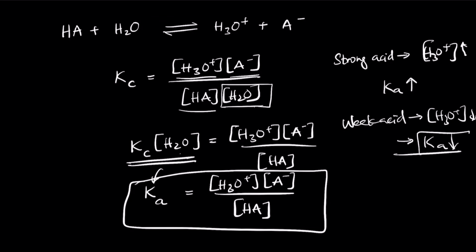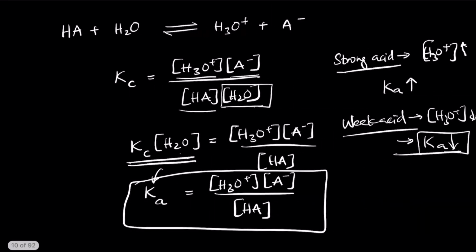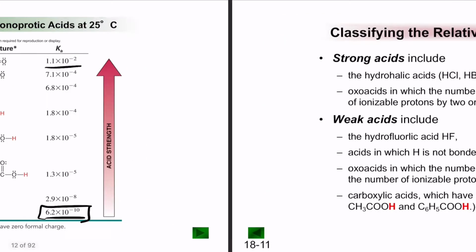So Ka is a good measure of the strength of an acid. This is the one that is generally used to check the strength of an acid. As you notice, the stronger the acid, the higher the Ka value. The weaker the acid, the smaller the Ka value.